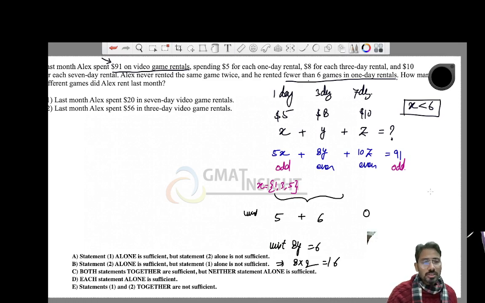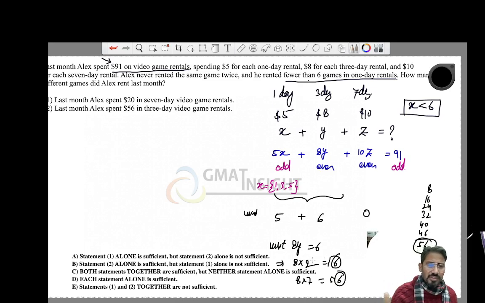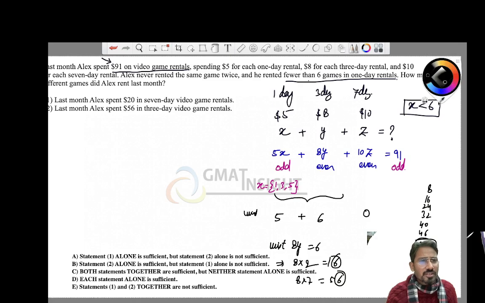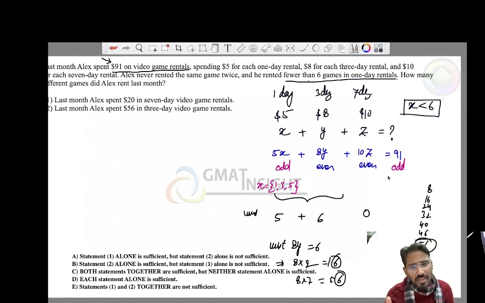Let me just quickly look at the table. Here as well, 8 into 7 is also a possibility. You understand? So the value of y, I know, has to be definitely either 2 or 7, because the total has to be 91. So this much information we should quickly understand, and then we should go to the statements.